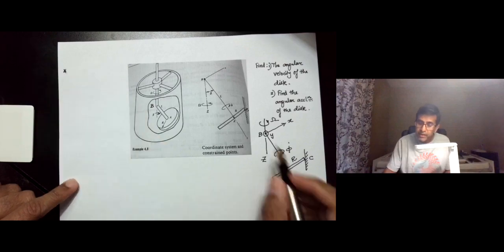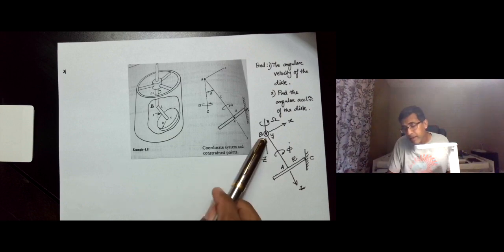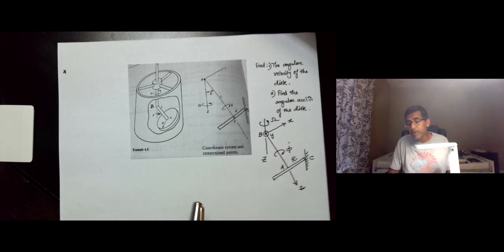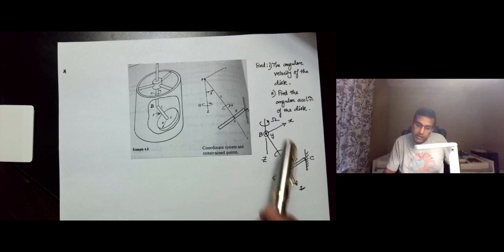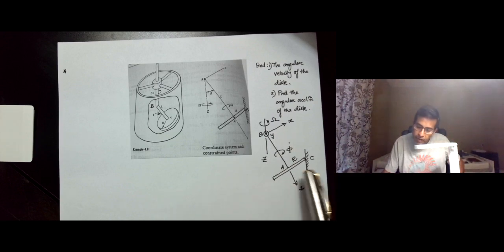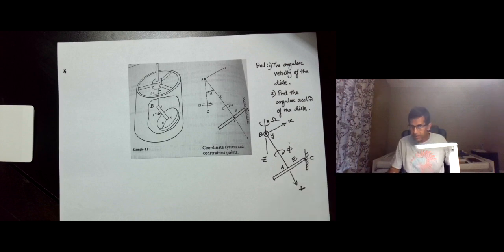The rotating XYZ axis is an axis which has an origin at B, and its z-axis is always along the bent part of the rod, right? So z-axis is always along the bent part of the rod. The x-axis is always directed from A towards C.